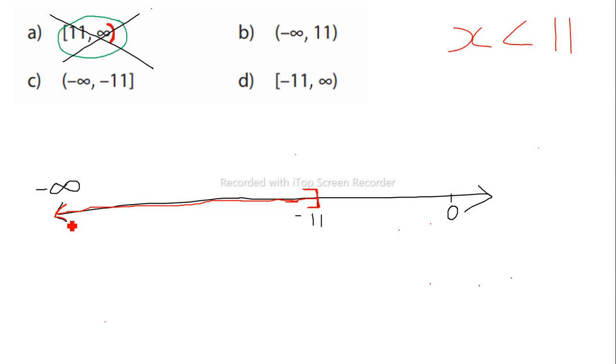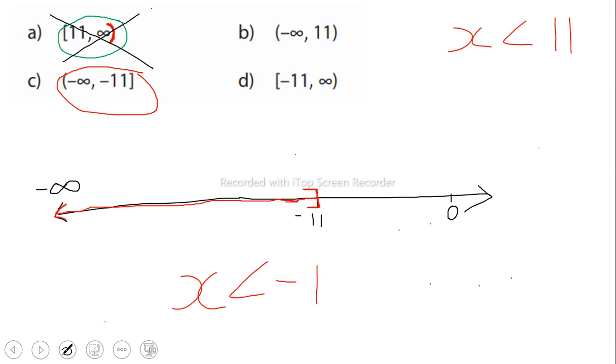Okay, so this is what this is saying. We start at negative 11 and we get smaller and smaller. So how would we represent this in inequality notation? All of these numbers here are going to be less than negative 11. So if we take a number, call it x, whatever number that is in this set is going to be less than negative 11.